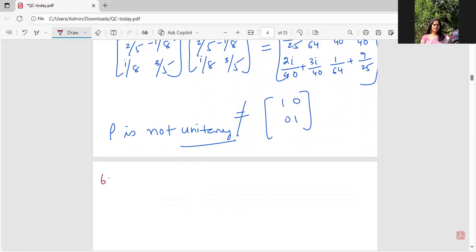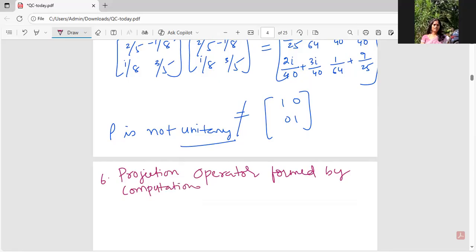The question is, estimate the projection operators formed by the computational basis. Again, in the first question, I said formed by computational basis. What are computational basis? Your ket 0 and ket 1, guys.